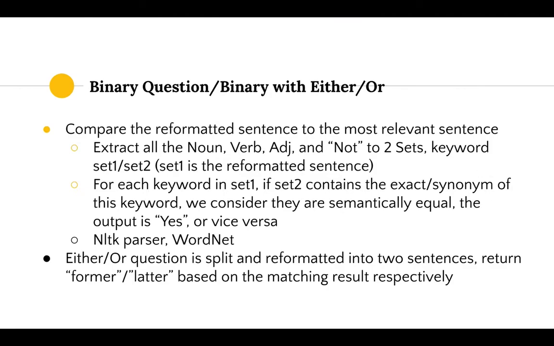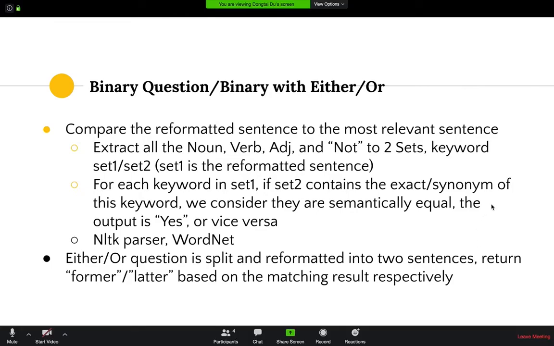For each keyword in set 1, if set 2 contains the exact word or a synonym of this keyword, for all the keywords, we consider those 2 sentences semantically equal. So the output is yes, or vice versa. And for either-or questions, as I said, the original question is split into 2 binary questions. So we output former or latter based on the matching result respectively.